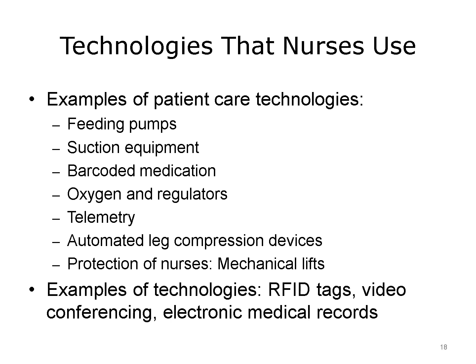An example of technology used to protect nurses is the mechanical lift used to move patients from bed to chair to toilet. Also, nurses use radio frequency identification tags, or RFIDs, video conferencing technology, and other communication devices.